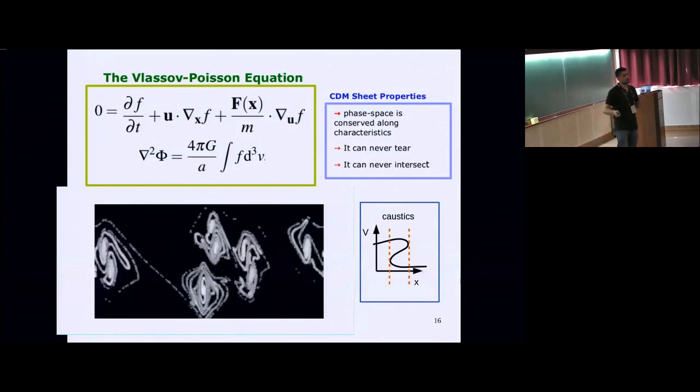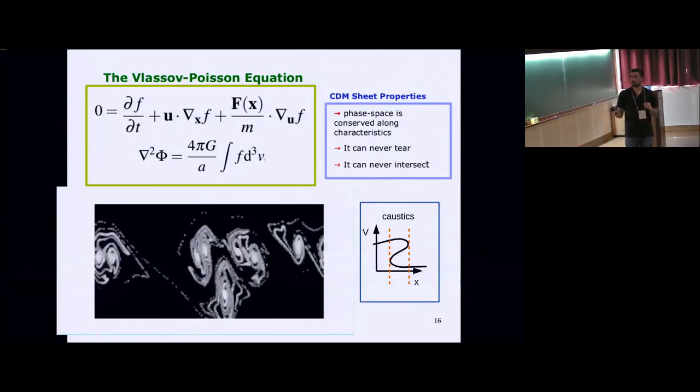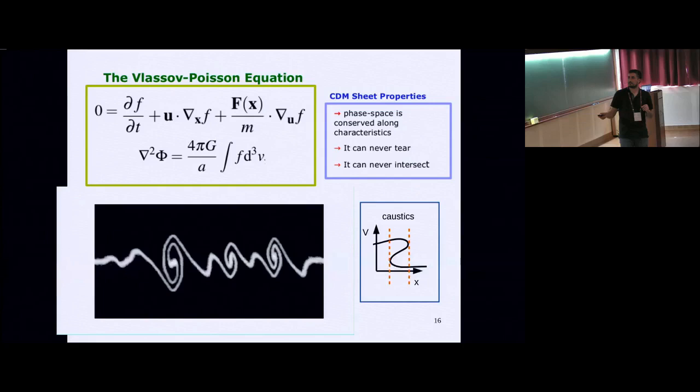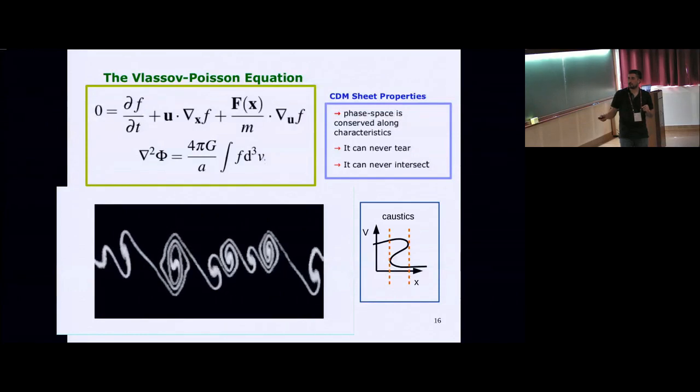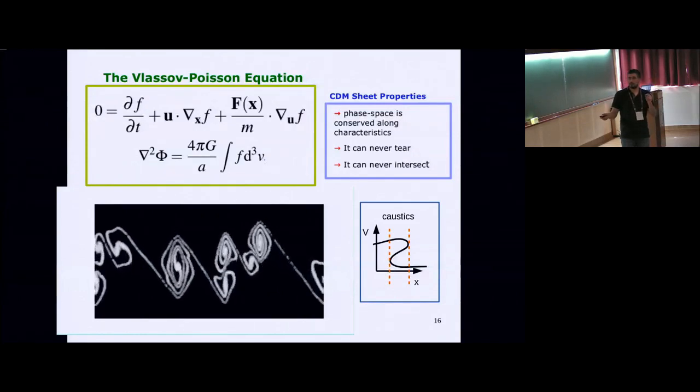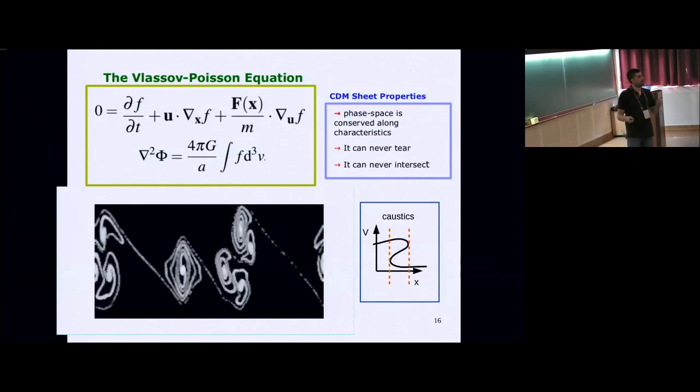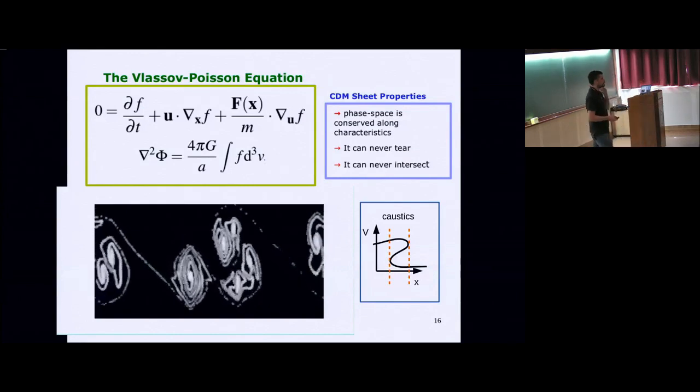I want you to focus on what is happening. We're going to start with something that's very smooth, meaning there were no fluctuations, and then essentially the fluid goes up, has a lot of velocity, and goes down, meaning that the velocity goes to 0, and then starts wrapping into itself, right? Yes?